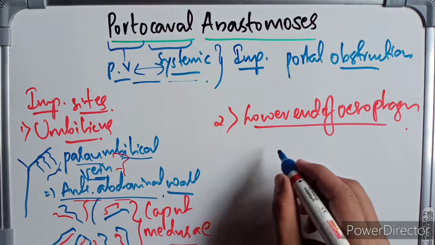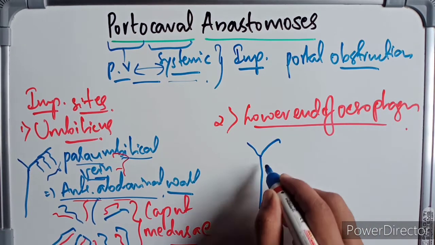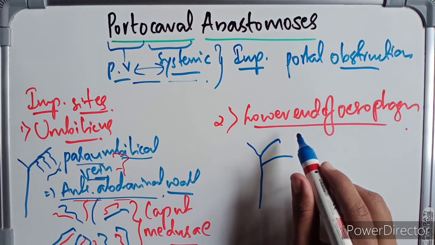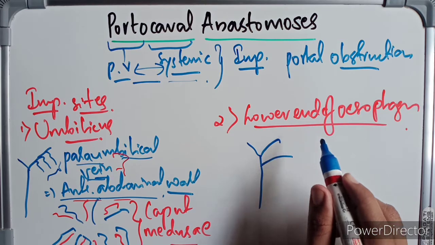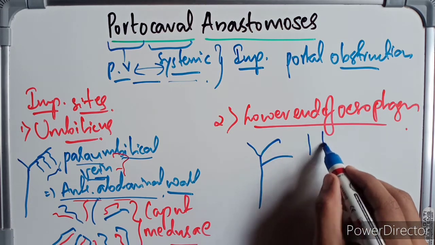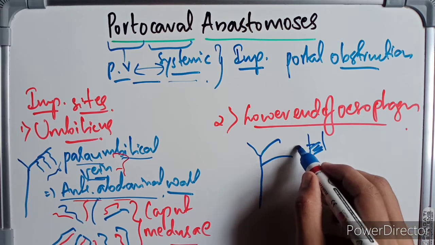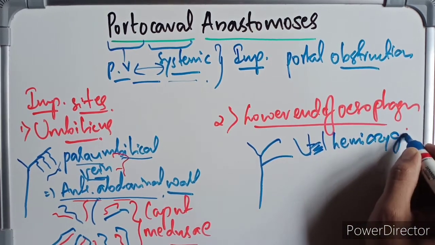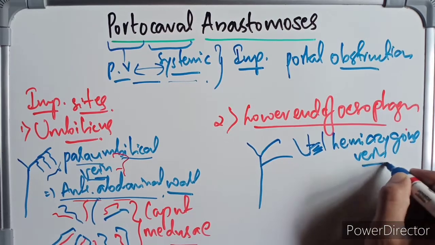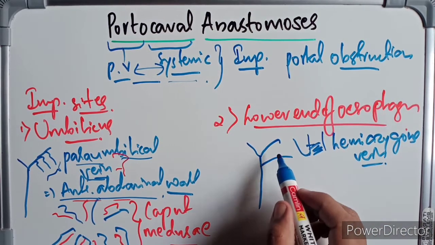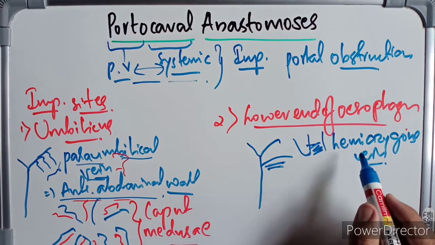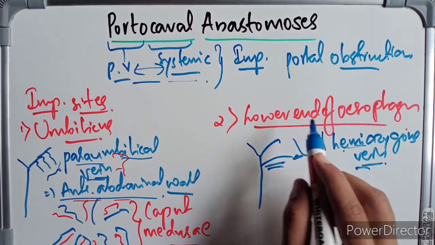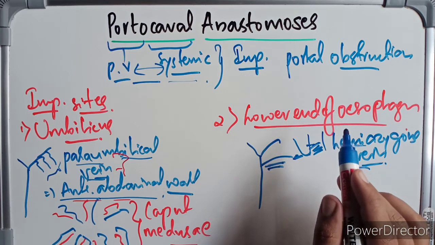The left gastric vein drains into the portal vein, and then we have the lower esophageal tributaries which drain into the hemiazygous veins, which form the systemic veins. So the portal system is the left gastric vein, and the caval system is the hemiazygous vein. The anastomosis between these two forms the anastomosis around the lower end of the esophagus.